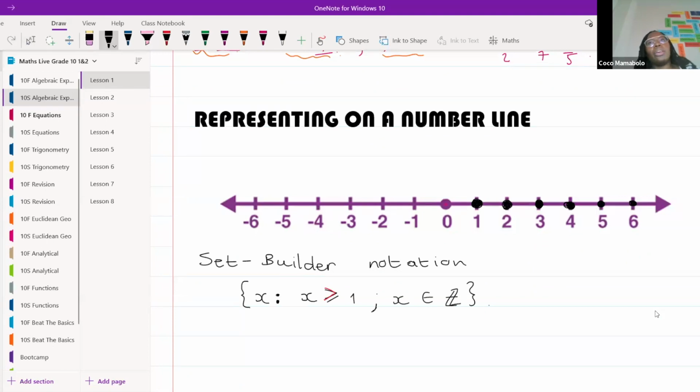It keeps going. So I'm going to draw an arrow like that to show that my integers keep going after 6. 7, 8, 9, 10, 11, 12. They're going to keep going all the way until infinity. Okay, infinity of whole numbers.